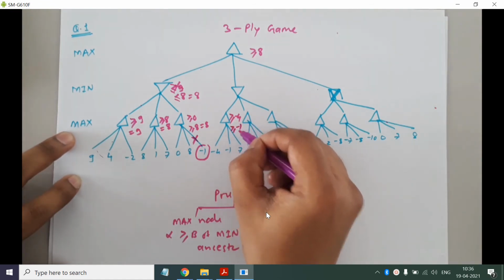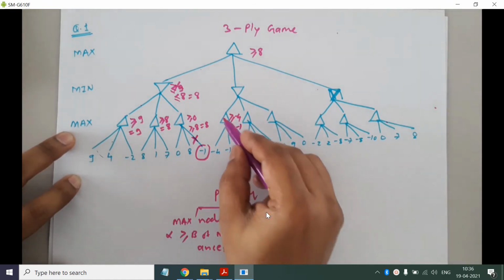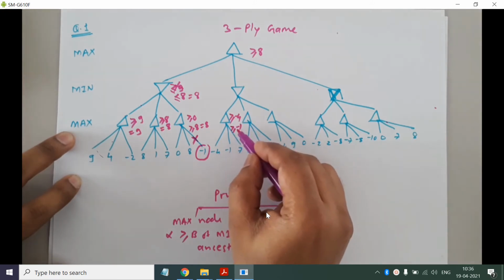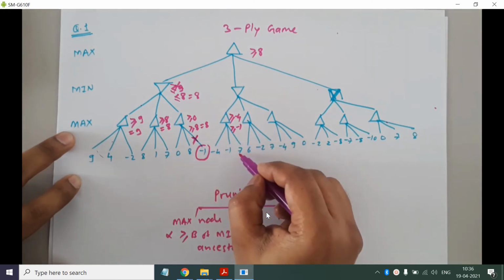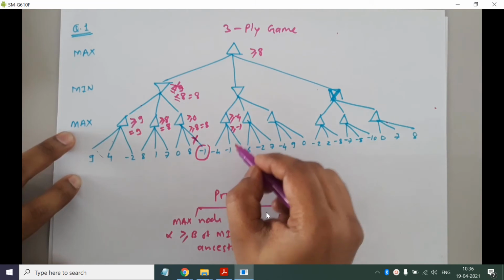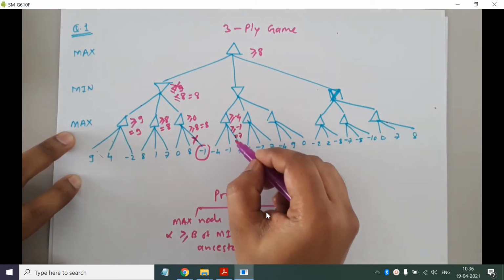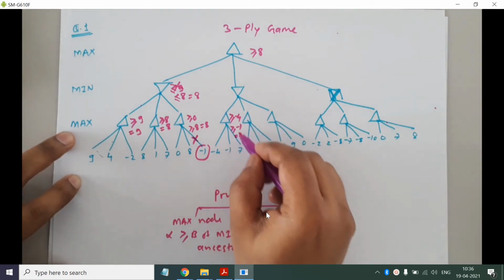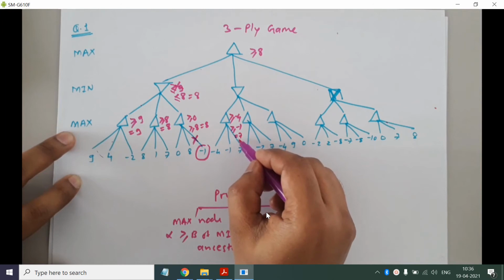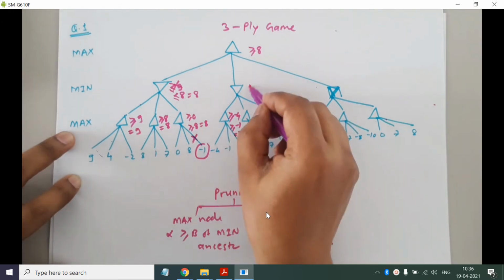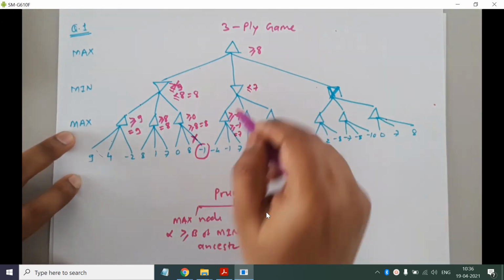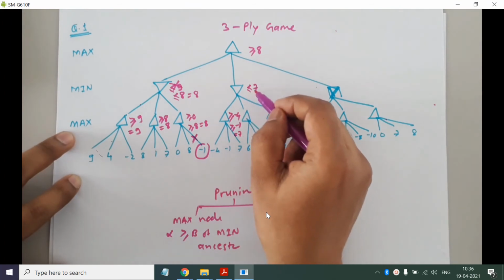So it will be updated. So the alpha value of this will become -1, and then we'll go to the next branch, that is 7, which is the best one, right? So for this max node, the value of this node is 7. So min will try to get a lesser value than that.